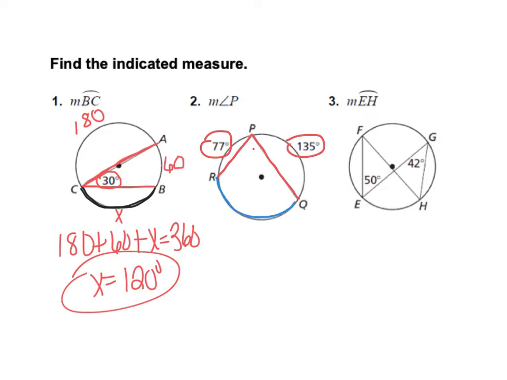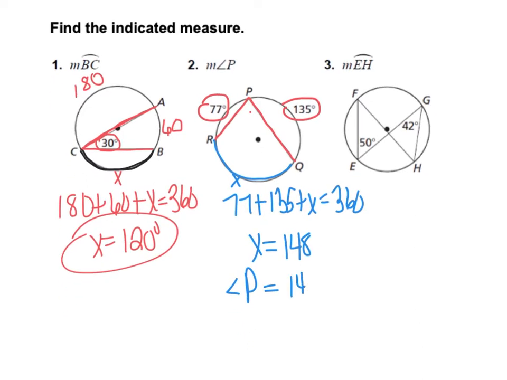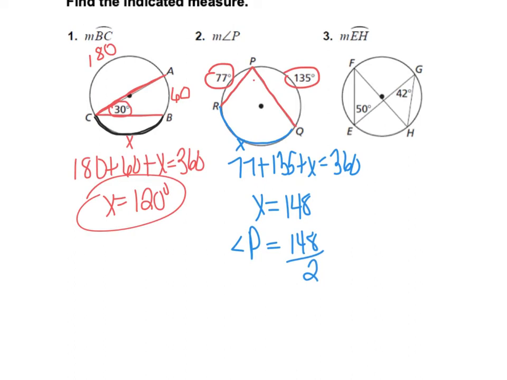So 77 plus 135 plus x, I'm just going to call that x, equals 360. So x equals 148. My red angle is an inscribed angle, so angle P is going to be half that. 148 divided by 2 is 74 degrees.